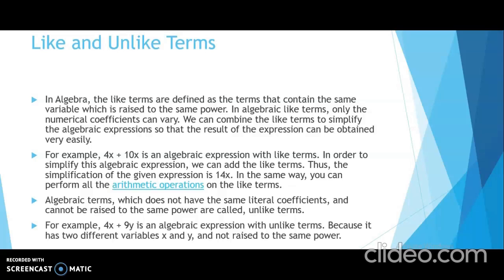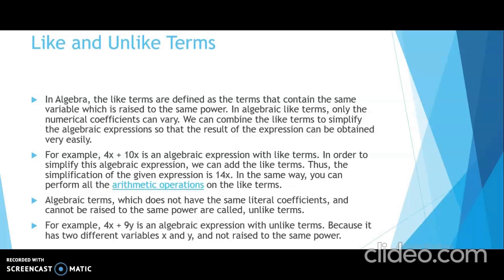So that is basically power. So like terms are where the terms contain the same variable and same power. In algebraic like terms, only the numerical coefficients can vary. Yeah, only they can vary, not the variables, only the numerical coefficients, which is the numbers.